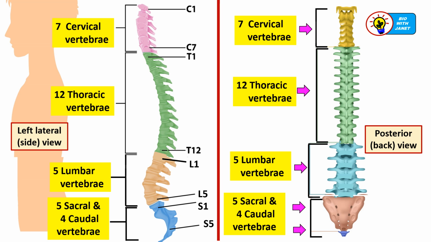So the lumbar vertebrae are L size. That means they are the largest of the three vertebrae. They have the largest structures like the centrum, the transverse process, and the spinous process. You can see the spinous process at the back here is quite thick compared to the other vertebrae.